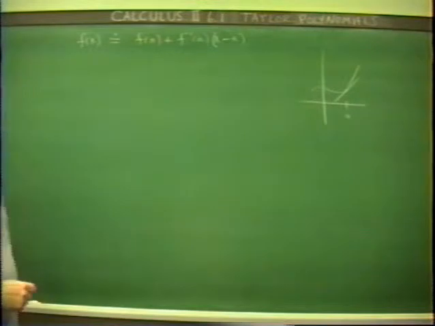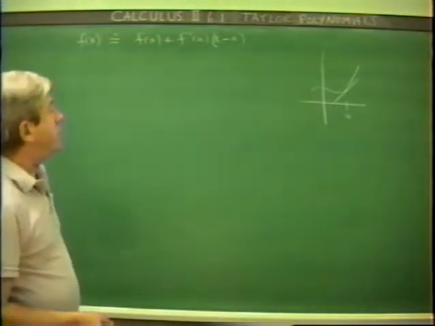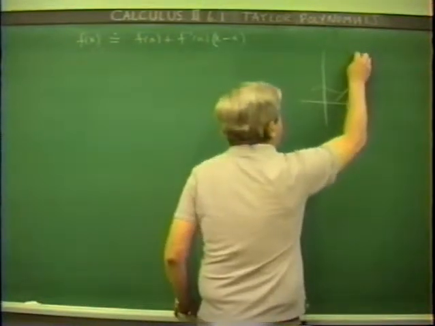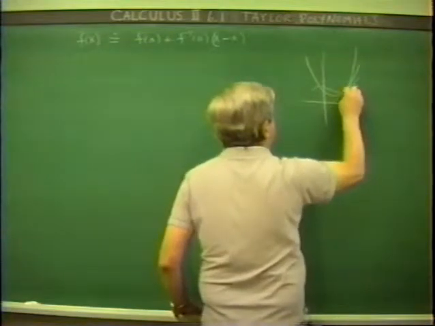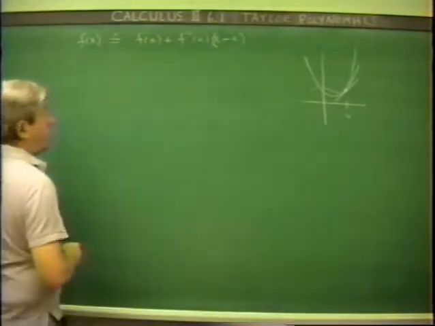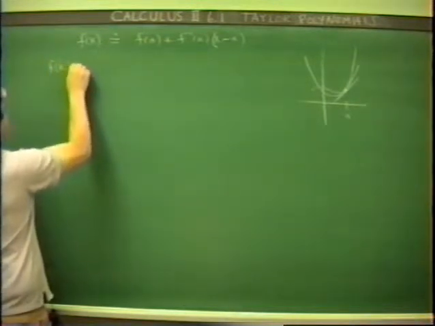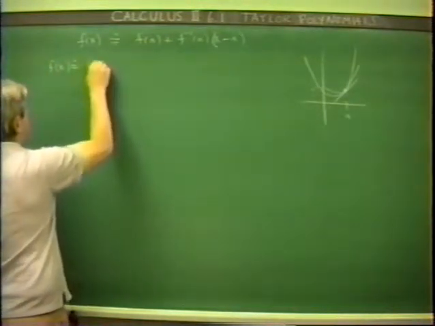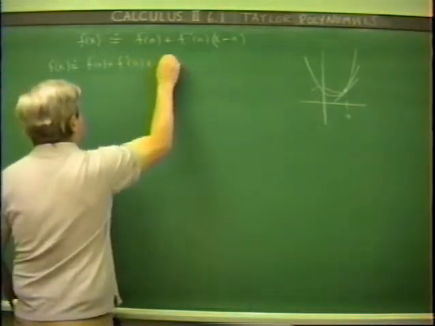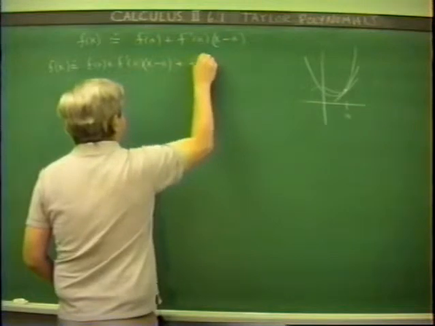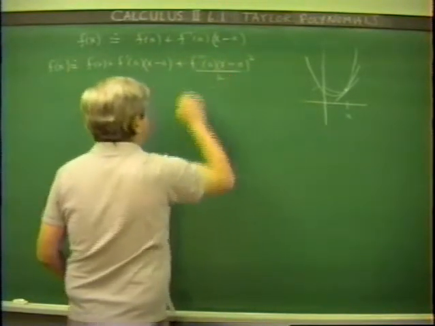Right? Now, it might be more preferable to approximate this by, let's say, the best, so to speak, parabola through here. And in one sense, the best parabola for approximating f of x is f of a plus f prime of a times x minus a plus the second derivative at a times x minus a squared over 2.